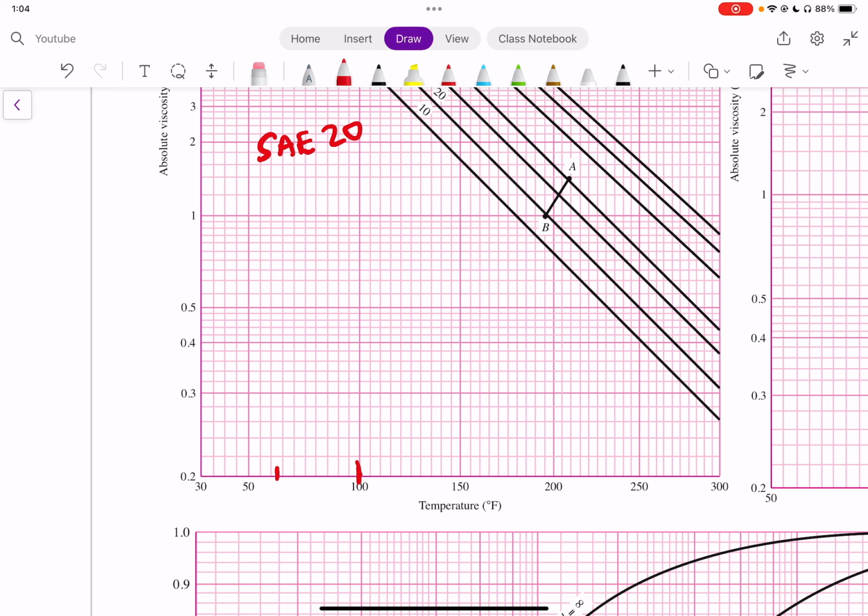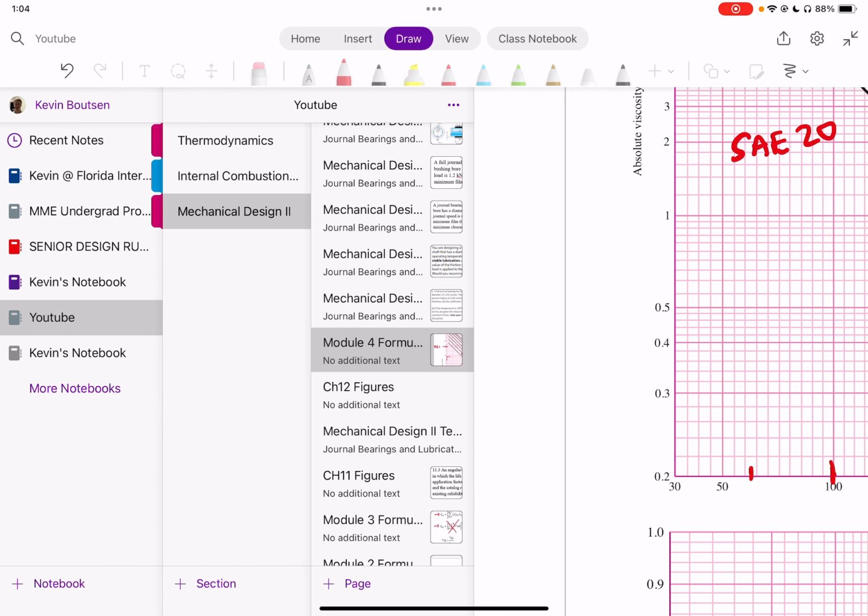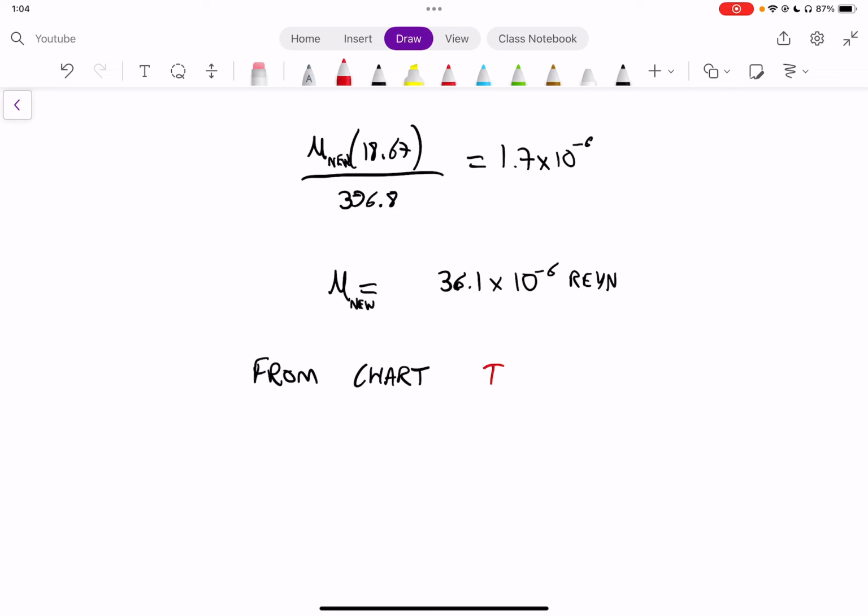So we'll say that from the chart, we would need either a temperature equal to 60 degrees Fahrenheit, or we need an oil that is SAE 50. Okay, so we could do either or.